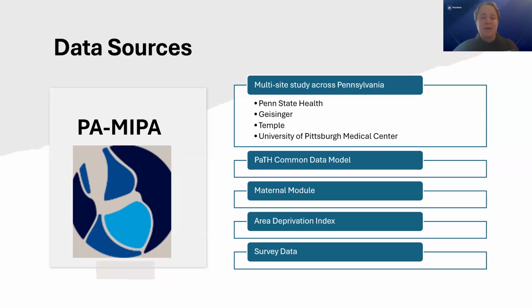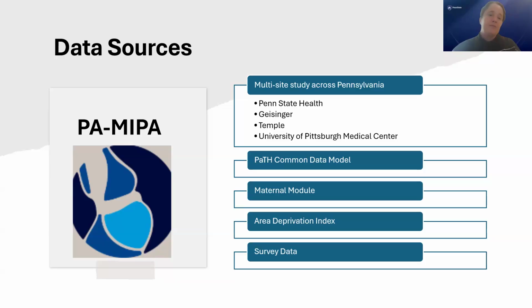However, the PATH Common Data Model is extremely powerful, but it was missing a few maternal data points that were important for our research. And those were really a linking variable between mom and baby. We have the data from the CDM on moms and babies, and we needed to link them.